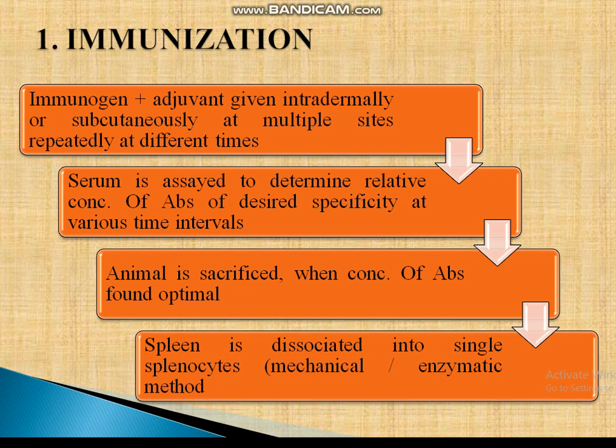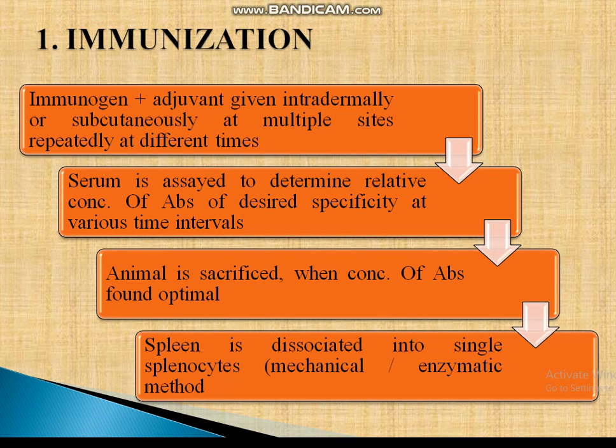What we are doing in immunization, we are giving the antigen either intradermally or subcutaneously to the animal, that is the rat, and also at multiple sites at different time intervals, and we have to repeat it until we get the optimal concentration.